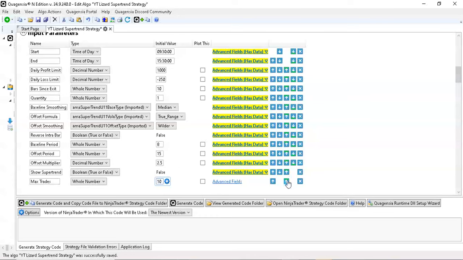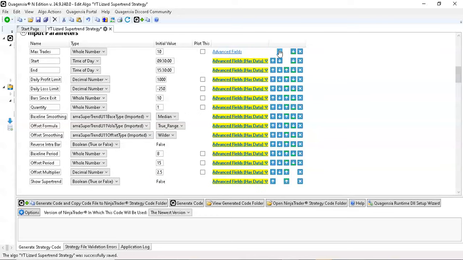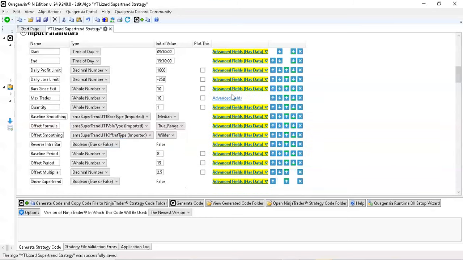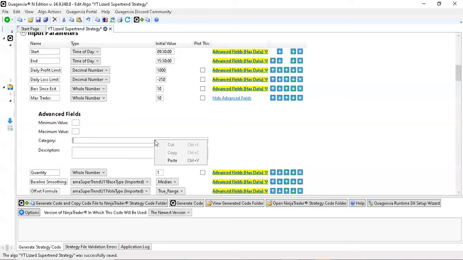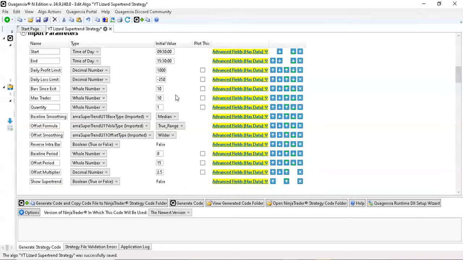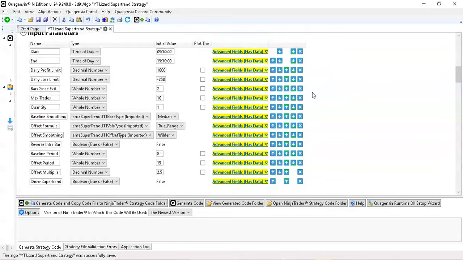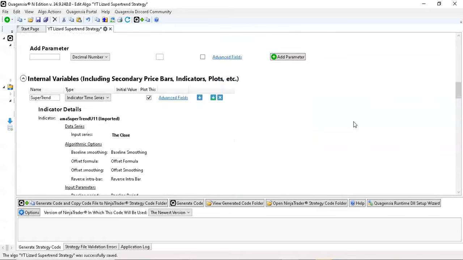All right, let me just set this up now. All right, so we got the parameter set up to be able to optimize.